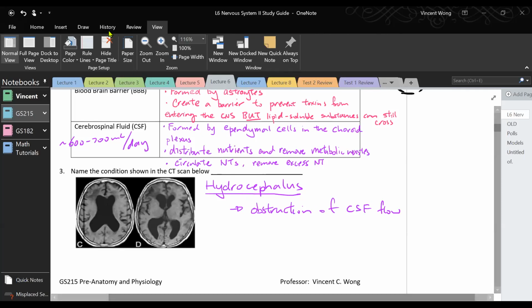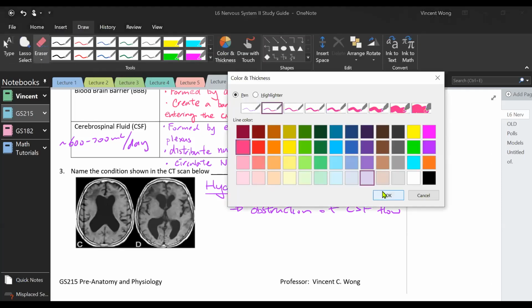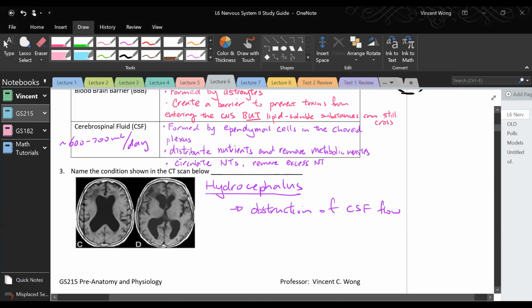All that excess fluid is going to create high pressure, and that pressure is going to push on the surrounding brain tissue. So what you see here is an enlarged lateral ventricle.